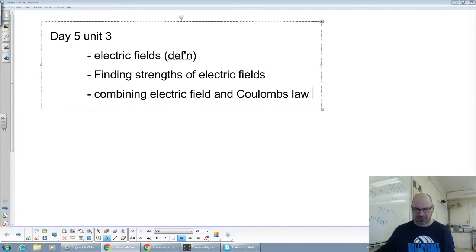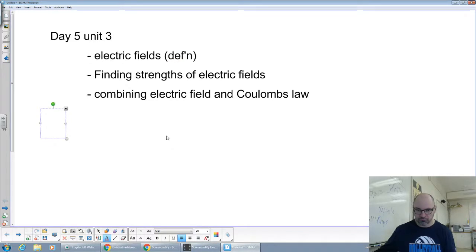So we have to keep in mind that we need a direction when we're talking about electric field forces, okay? An electric field strength is basically measured as a force per amount of charge. Okay, so it's kind of a rate.